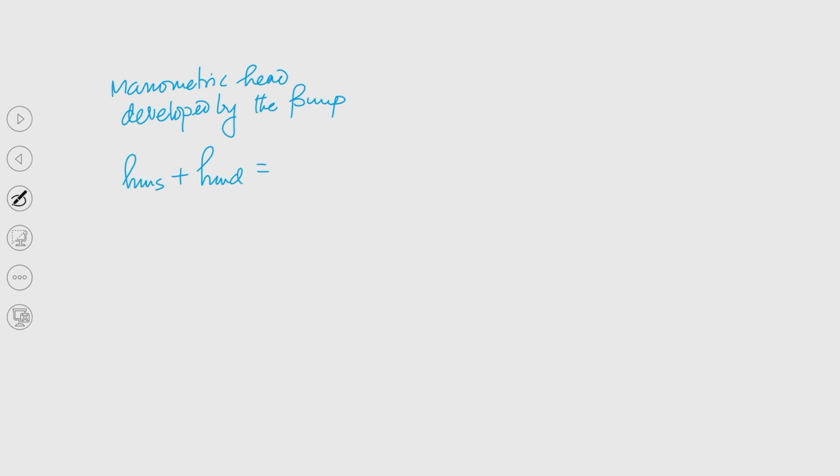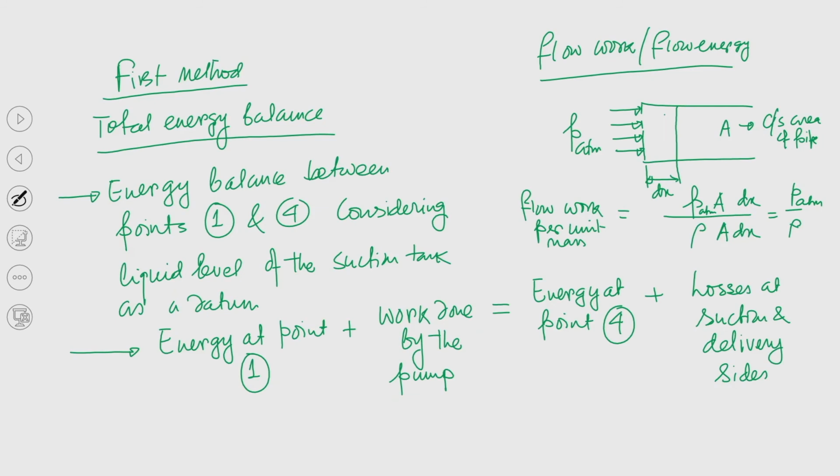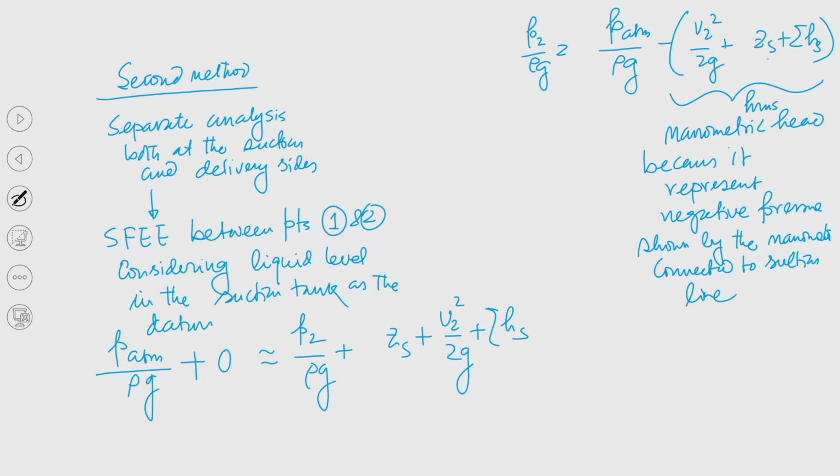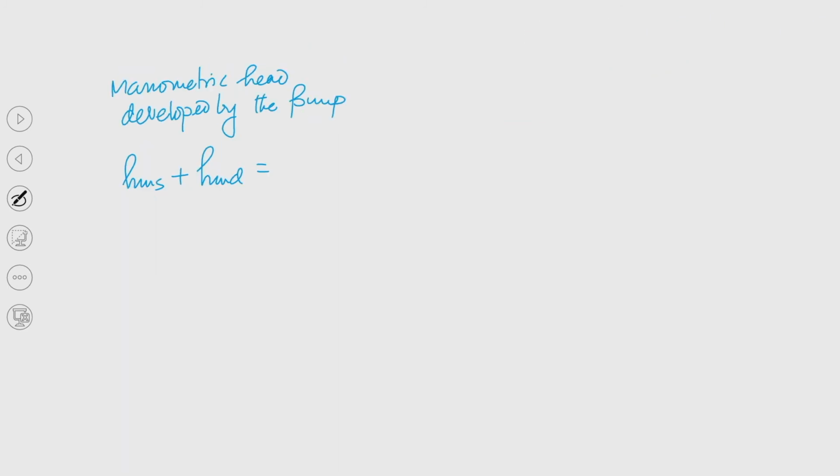That is why we connect these two manometers, both at the suction line and delivery line. So, we are getting manometric suction head and manometric delivery head. If we sum these two heads, we get the manometric head that is developed by the pump, right. So, head at point 2 and head at point 3. That is the head developed by the pump. Now, if we do so, what will be the quantity HMS plus HMD.